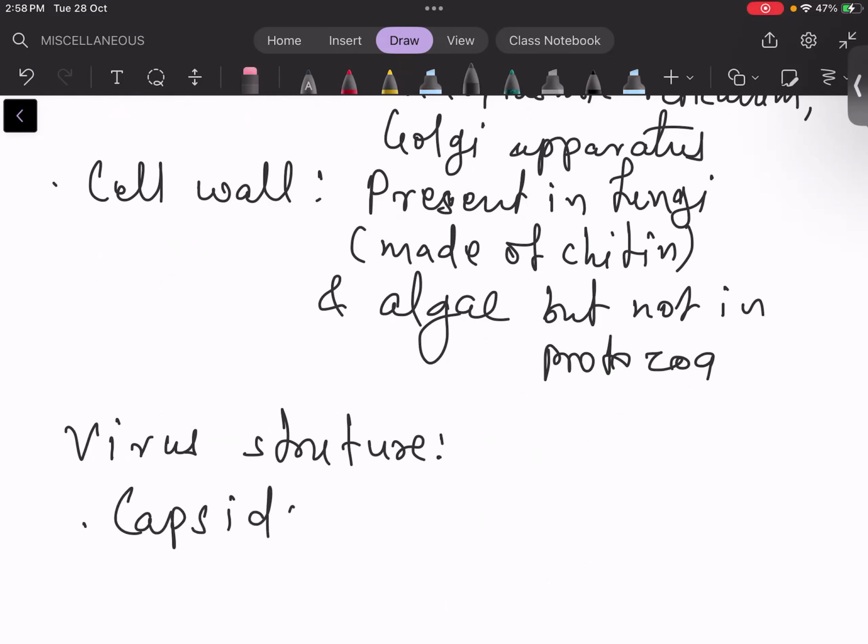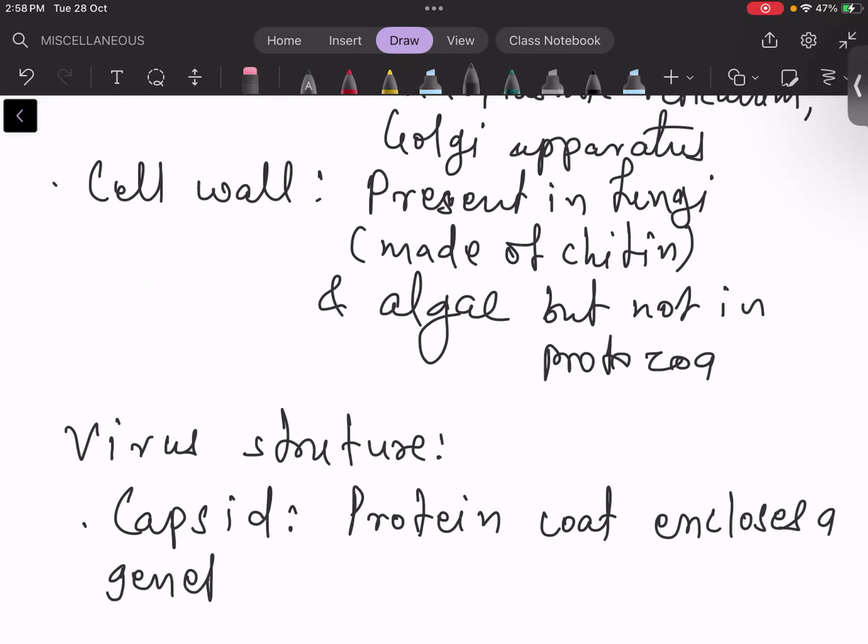Now, a question arises in your mind, what is a capsid? A capsid is a protein coat that encloses the genetic material.